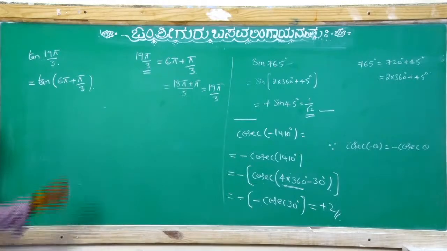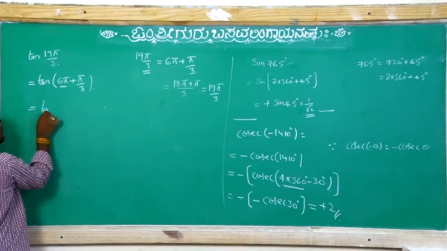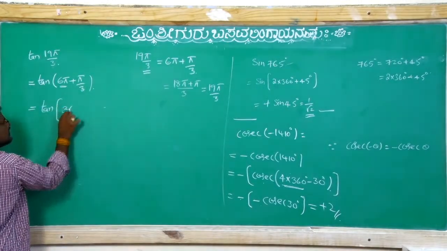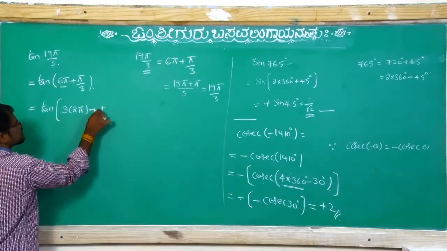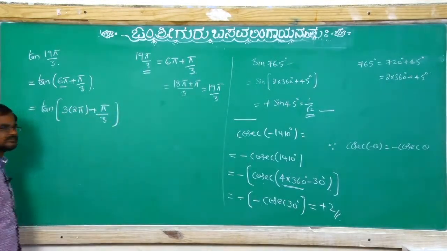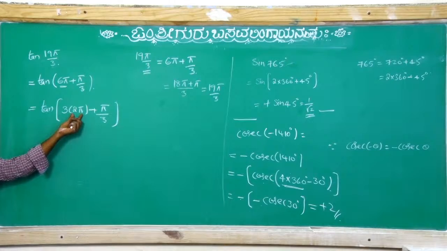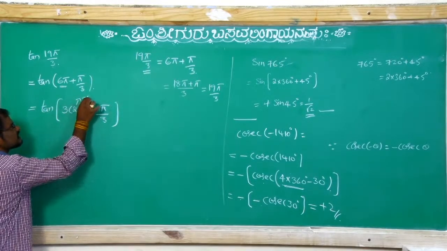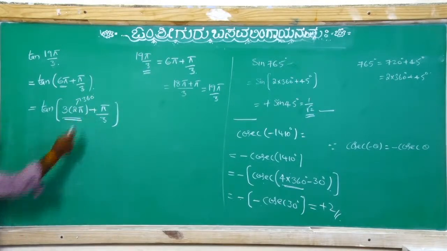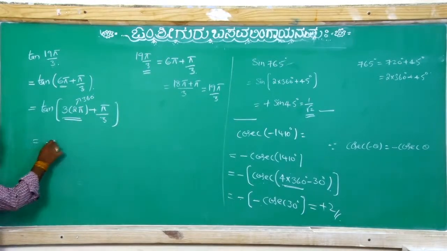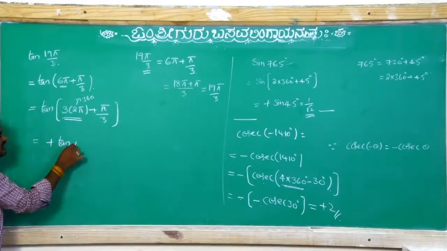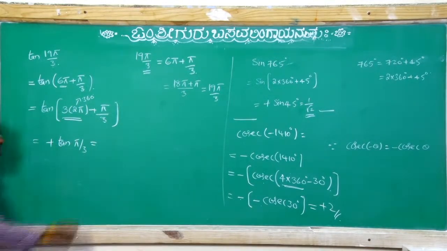Listen, 6 pi, can you write as multiple of 360? 3 into 2 pi plus pi by 3, because 2 pi is 360. So 3 into 2 pi is 6 pi, means multiple of 360 plus, which quadrant? First quadrant. At 360 tan does not change, tan pi by 3 means tan 60, that is equal to root 3, like this.